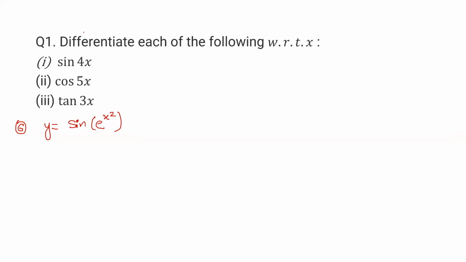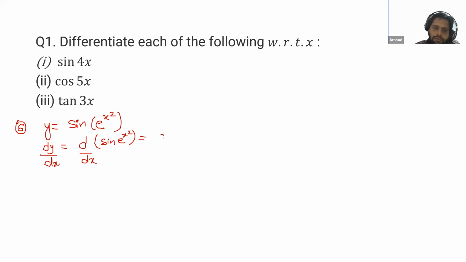Rifat, please share your answer. Fahad, please look here. So we need to find dy by dx with respect to x. That means differentiate sine e^(x square) with respect to x. Now apply the chain rule. Sine e^(x square) with respect to, we are differentiating sine, that's why with respect to e^(x square).